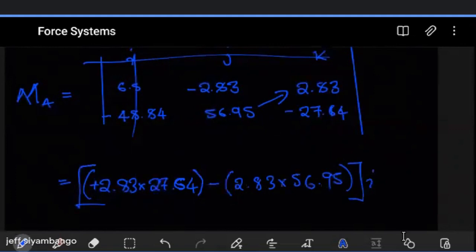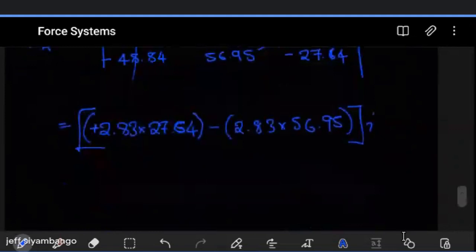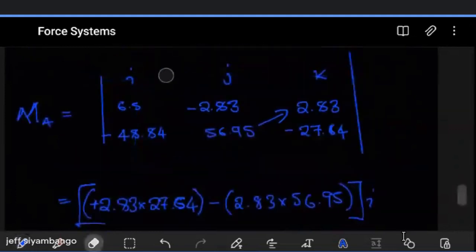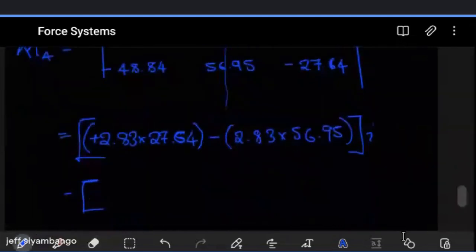The next part, when you move to the middle one, you know it has to now be minus. Now I'm focusing on J, so it's no longer this I'm hiding out. I'm now hiding out this and this. So I'm going to multiply the 6.5 with the minus 27.64.